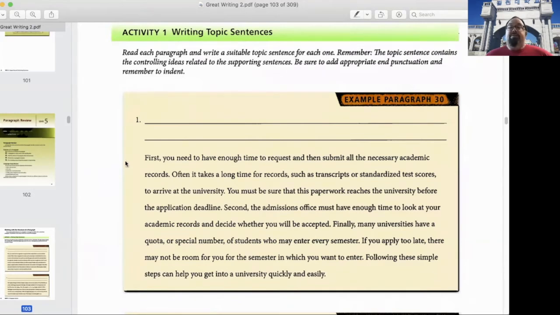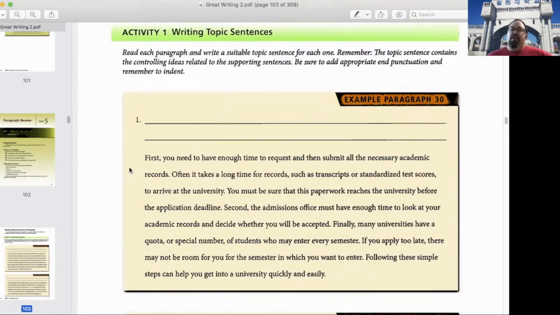Okay, at this point, I have no idea what this paragraph is about because I don't have a topic sentence. So it's going to take a little time to figure it out. I'm going to have to probably read a few sentences before we have an idea of what exactly this is about. So first, you need to have enough time to request and then submit all the necessary academic records.